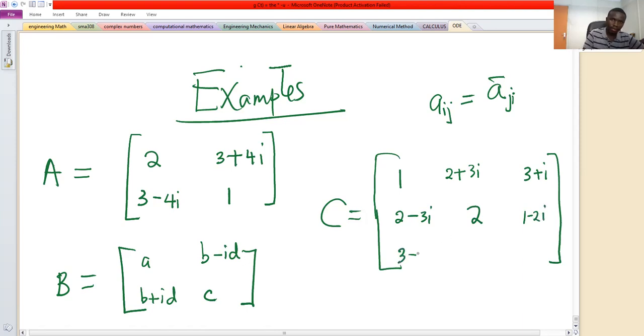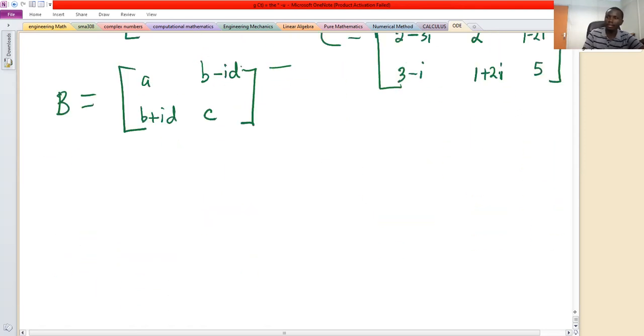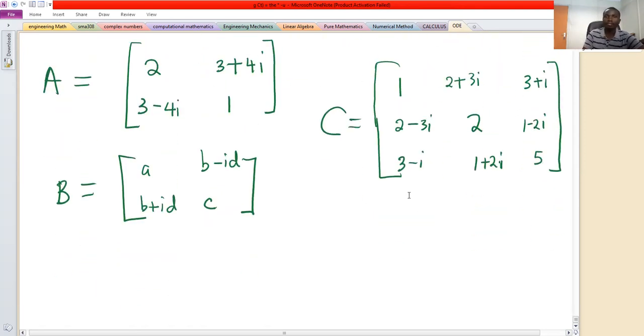This is 3 minus i, this is 1 plus 2i, and then 5. This is also a Hermitian matrix because every element along the main diagonal is a real number, and every aij is equal to the conjugate of aji.